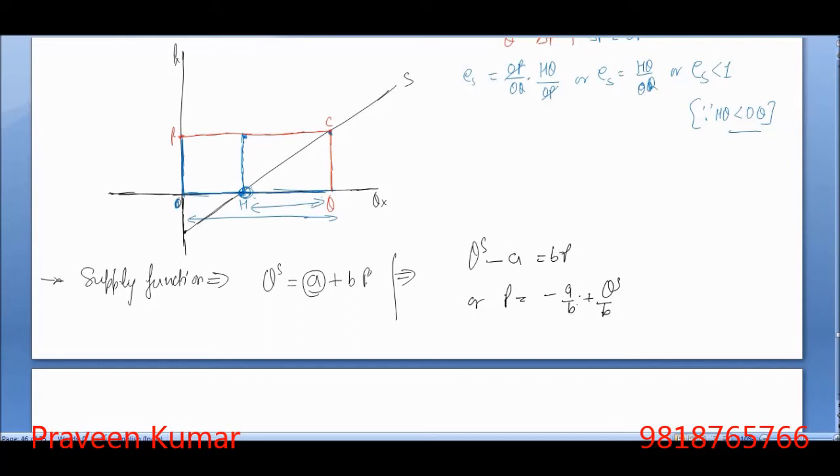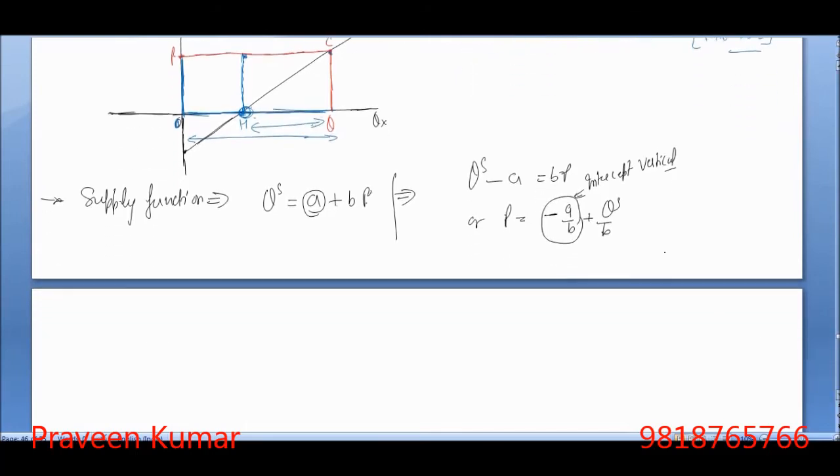Now this would be the intercept term. Which intercept? This would be the vertical intercept. The vertical intercept would be negative if the supply curve is starting from the horizontal axis, and the vertical intercept would be positive if the supply curve starts from the vertical axis itself.